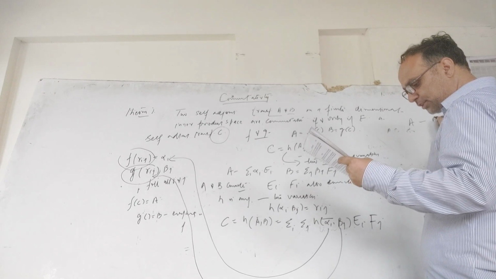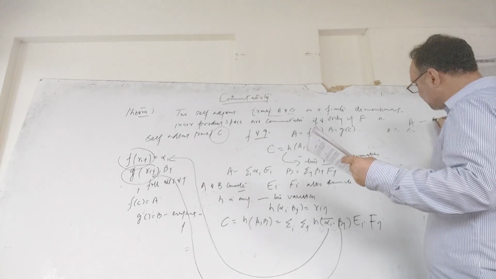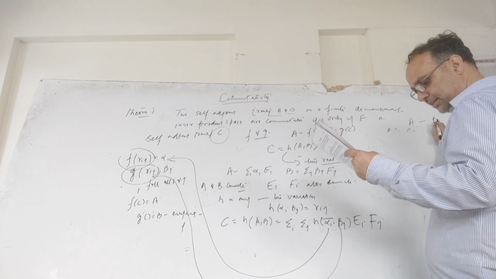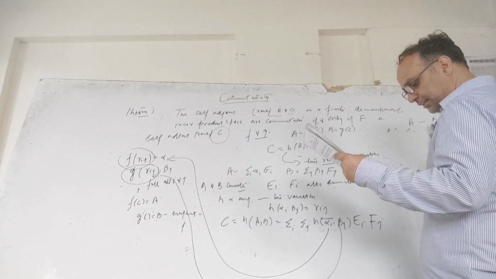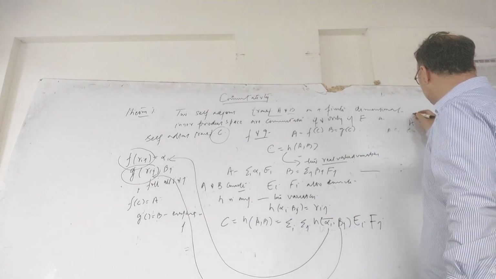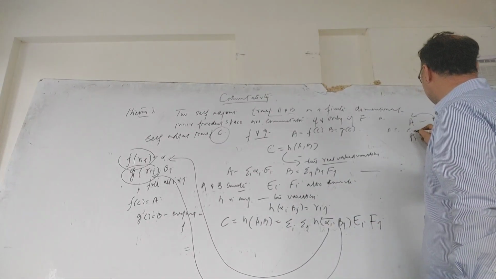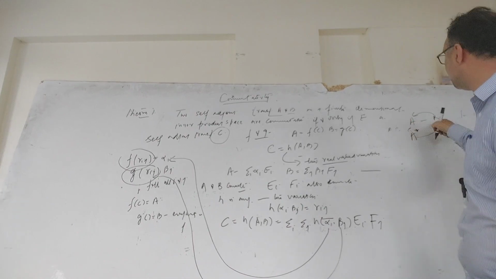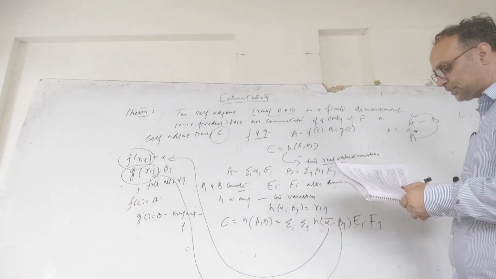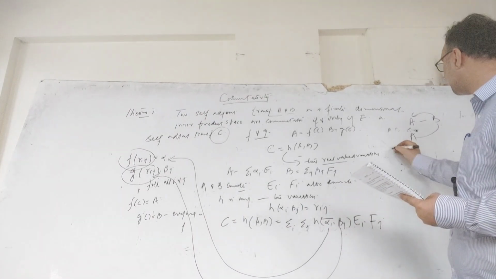If A is a normal transformation on a finite dimensional unitary space, and B is an arbitrary transformation that commutes with A, then B commutes with A star. So what it is saying is that if B commutes with A, B should also commute with the complex conjugate. So the proof is again very simple.